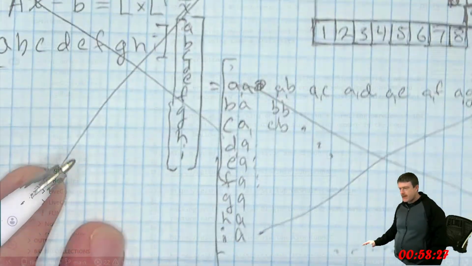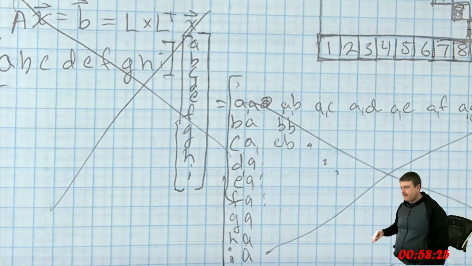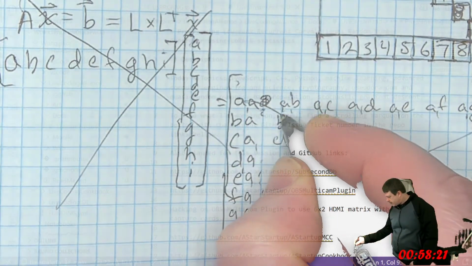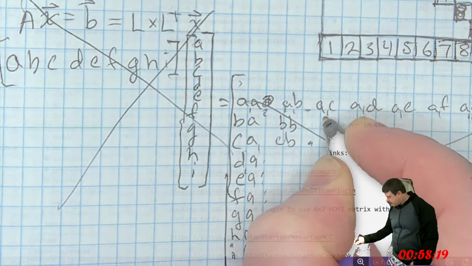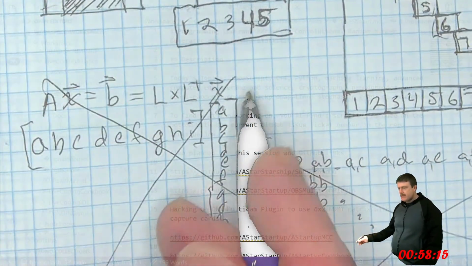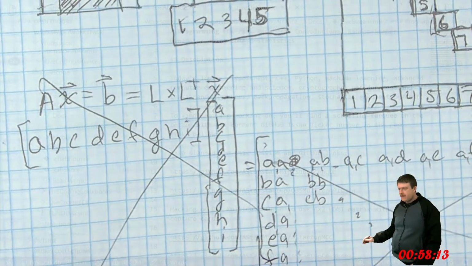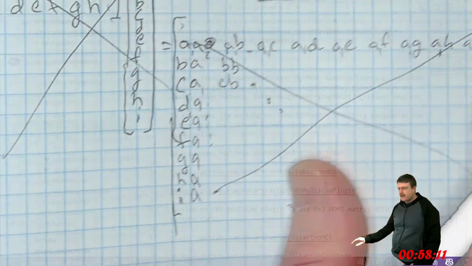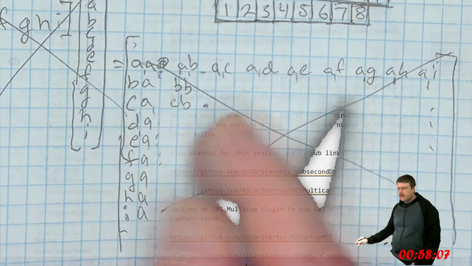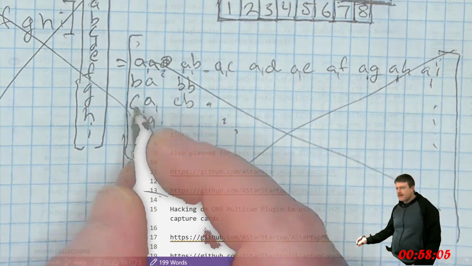Probably shouldn't have scratched this out, but A1, A2. I don't have the subscripts in here. So you multiply the matrix, and then, sorry, I don't have subscripts in here correctly.